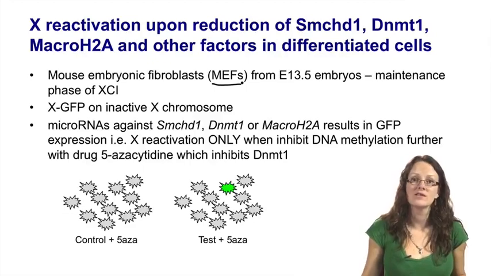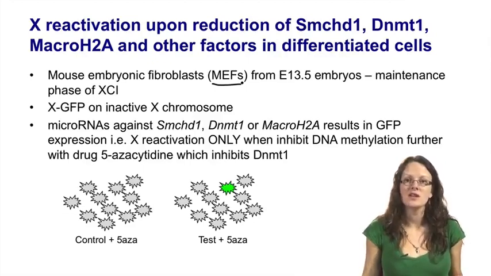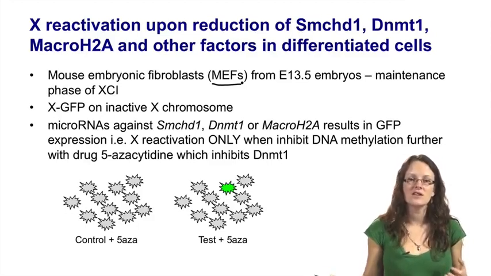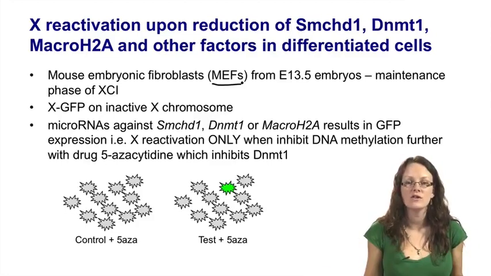So if these fibroblasts are grown from a mid-gestation embryo, and we have the same sort of genetics as we had in the previous slide, so we have already determined that the X-linked GFP transgene is on the inactive X chromosome, that is, that it should be always silenced. Now you can test whether or not you can promote the expression of GFP, so you can destabilize X inactivation.